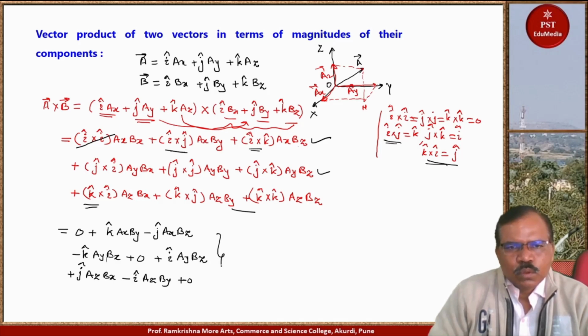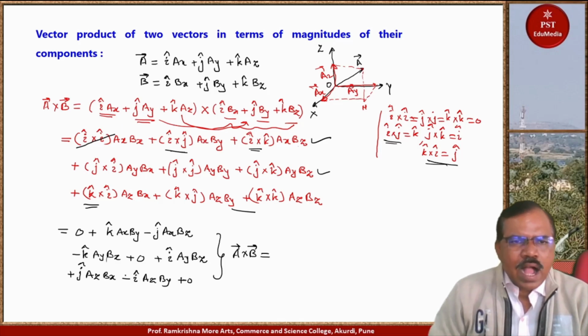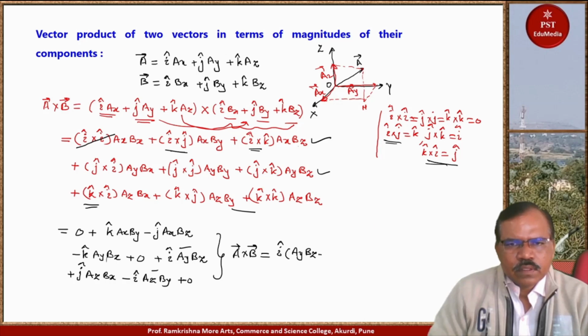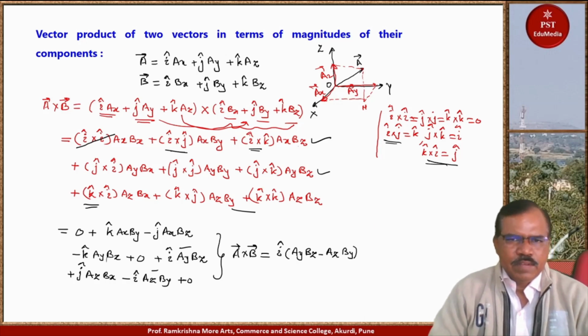So now this whole A cross B we can write as, now we have I here and I here, so I is common. You will get AY BZ minus AZ BY.